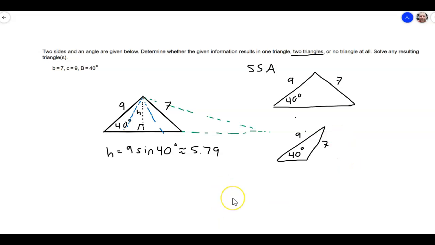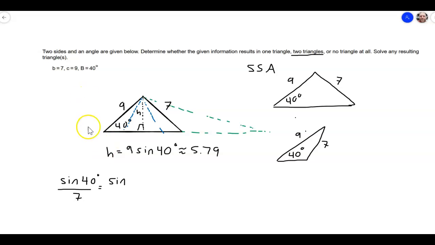All right. So we can use law of sines here. So I'm going to do the sine of 40 degrees over 7 is going to equal, and then we can solve for this angle first. So we're going to do the sine.